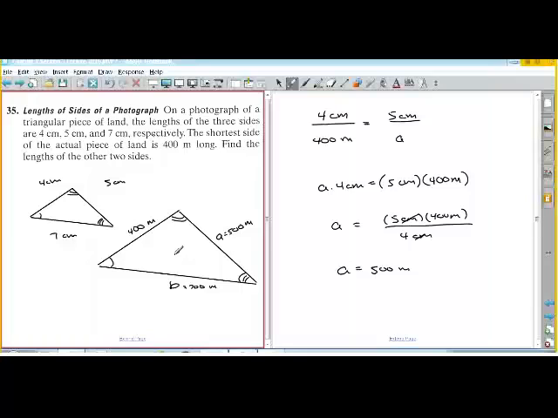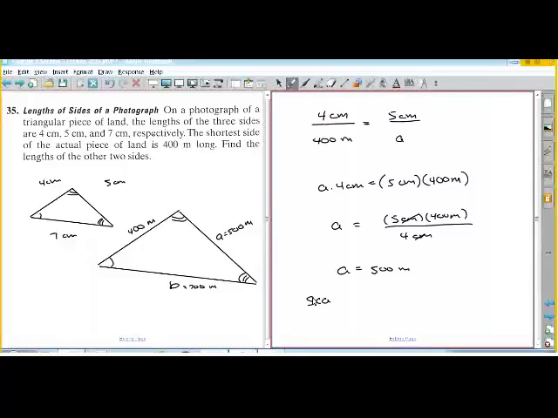So that's the other thing about similar triangles. You kind of have a scale factor, which you can apply. And actually the scaling factor, so what is the scale on this map? It would be 1 centimeter equals 100 meters.